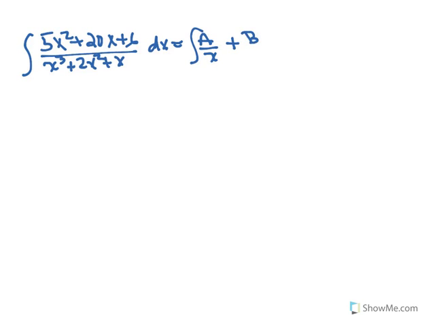Okay, b divided by x plus 1 plus c divided by x plus 1 squared, right? And all that is dx.